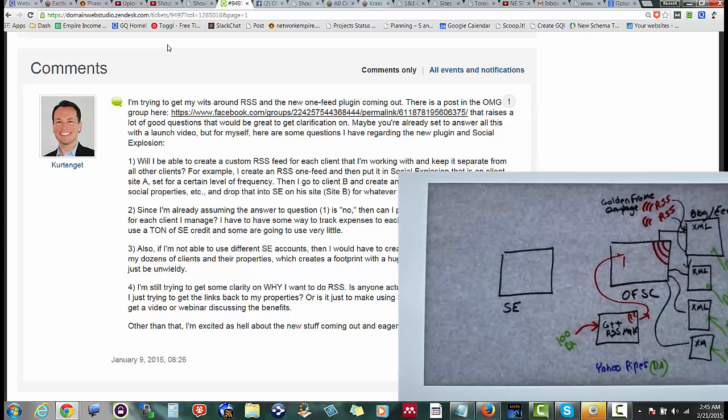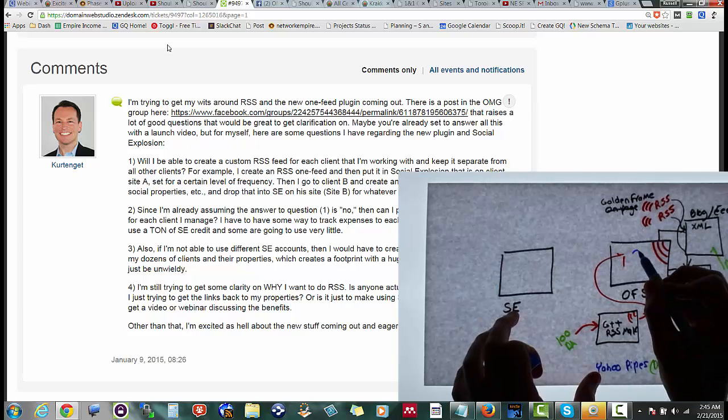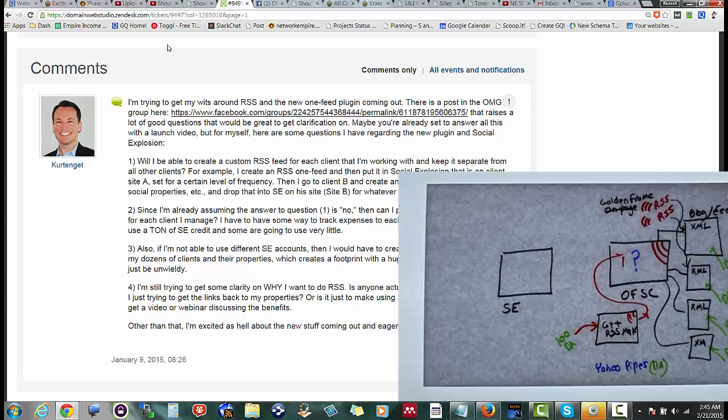So the one feed supercharger is really a repository that is going to have all the meaning that it has for you depending upon where you are in the various training systems, in the Director's Cut, OMG, and of course the Network Empire Advanced systems, which are quite a bit more sophisticated than what we teach in OMG or even Director's Cut.